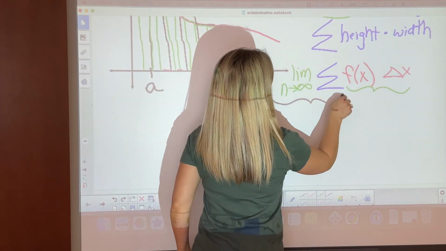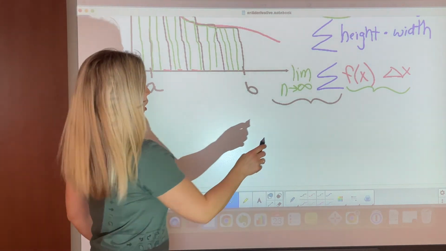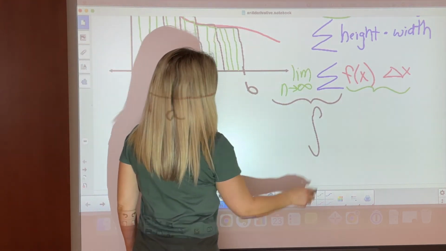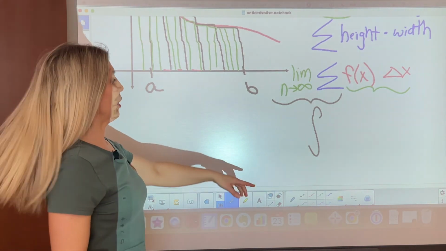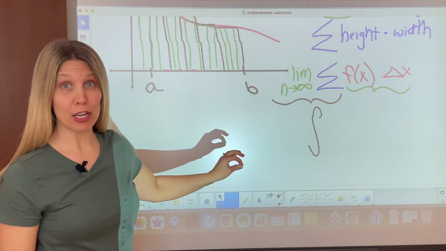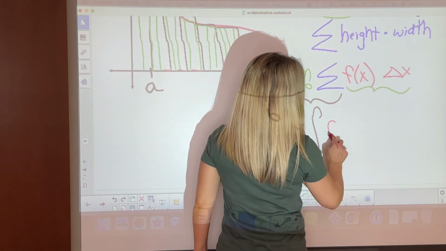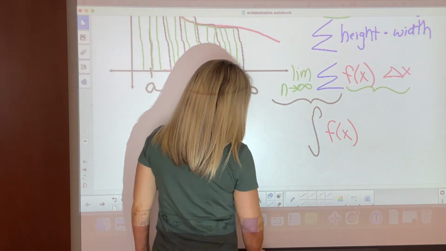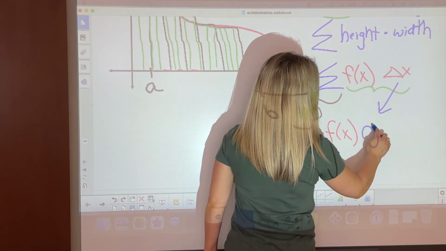This limit and the summation are going to be condensed into a super tall S. This is called an integral symbol, but that's going to stand for our summation. Your f of x stays, and then your change in x is notated as dx.